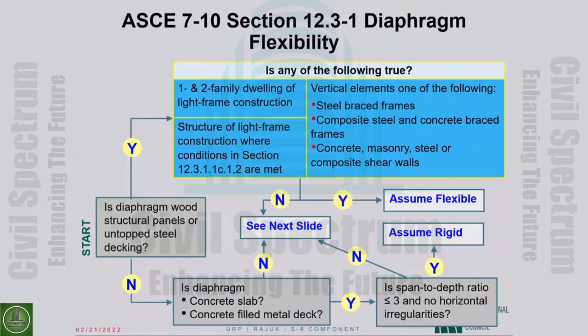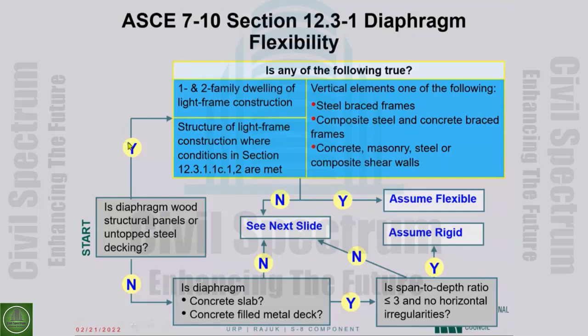Okay, so if you want to figure out whether you can take your diaphragm as prescriptively flexible or prescriptively rigid, you will start here by asking, is my diaphragm made of wood structural panels or untopped steel decking? If the answer is yes, it is one or the other.